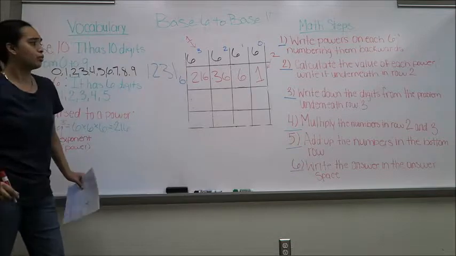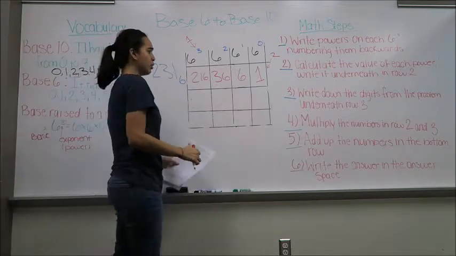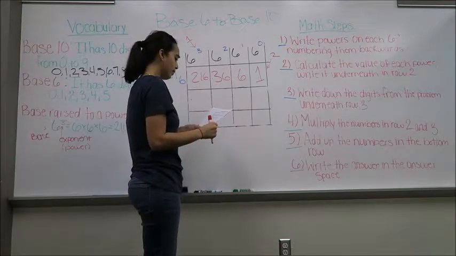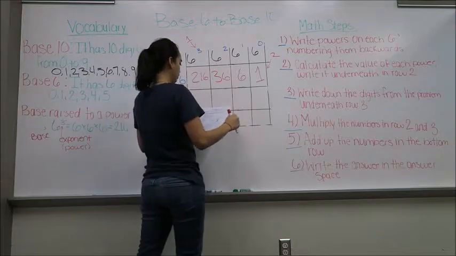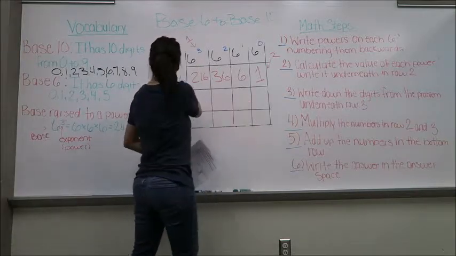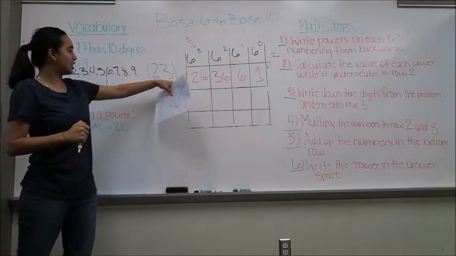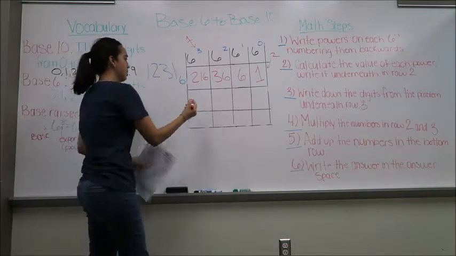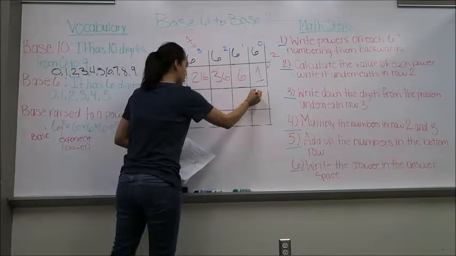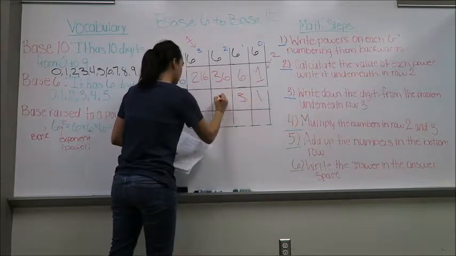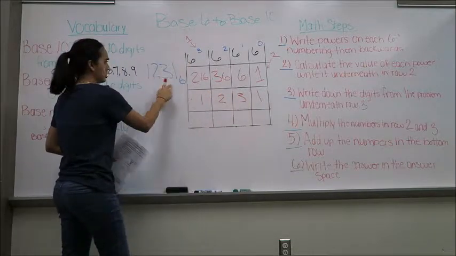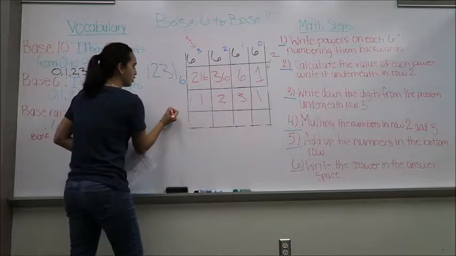Step 3. Write down the digits from the problem underneath row 3. Question 1,231 base 6. So you're going to write backwards. 1, 3, 2, 1, which is the same for step 3.